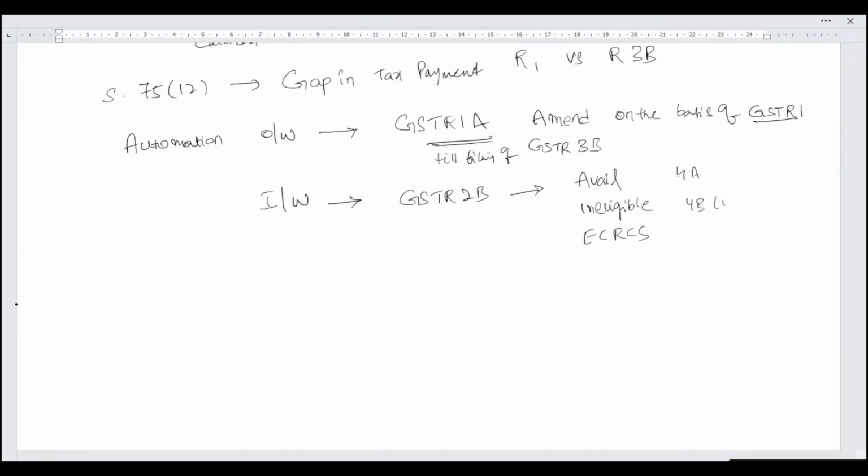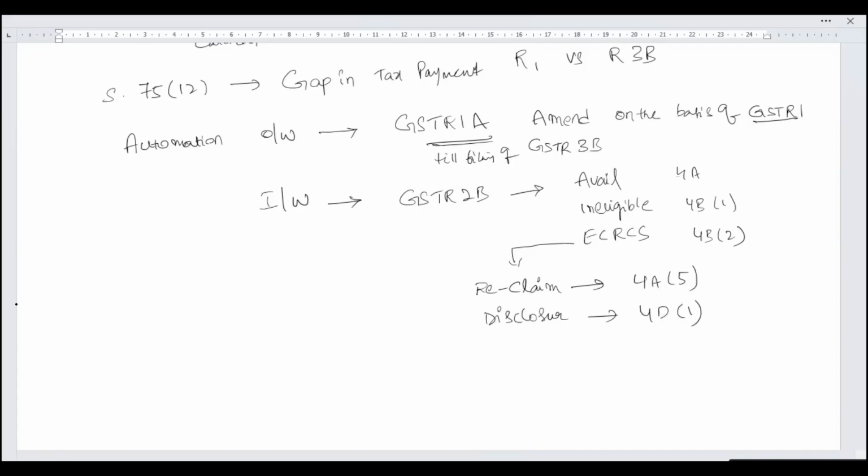Ineligible happens in 4B1. ECRCS happens in 4B2. Any amount which is parked in the electronic credit reclaimable statement, I reclaim this particular input tax credit in table number 4A5. And I give a corresponding disclosure in 4D1. This is what we have understood.